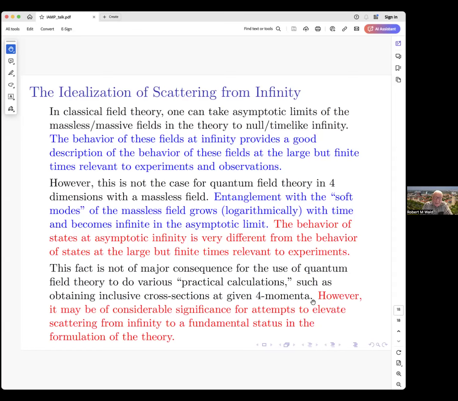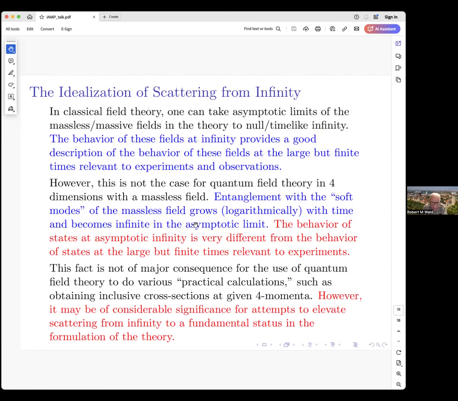And if one wishes to elevate scattering from infinity to a fundamental status in the formulation of the theory, I think these issues that I've raised and hopefully elucidated to some degree really need to be taken into account.